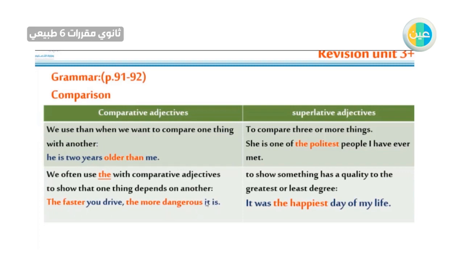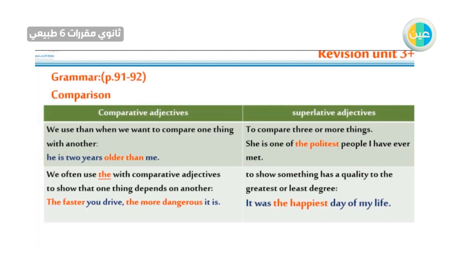Being in dangerous situations depends on how fast you drive. And again, careful: the adjective with er is for comparing between two things, or an action that depends on the other. That's it.